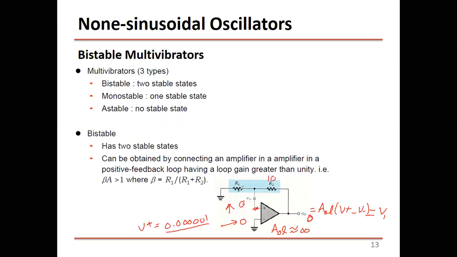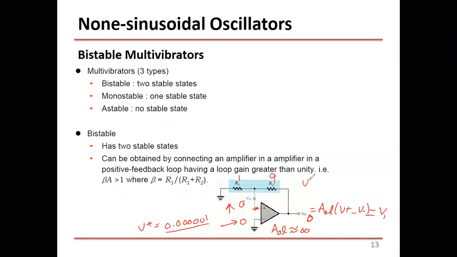R2 is not the same as R1, the beta is not 1. Assume that R1 is smaller than R2, and this is 1, and this is 10, so you have a gain of 10.